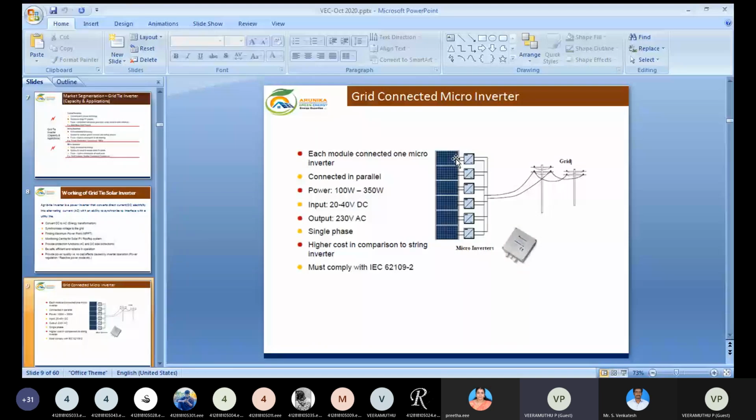With load, that is when the solar panel is connected with the inverter, each cell generates 0.5 volt.